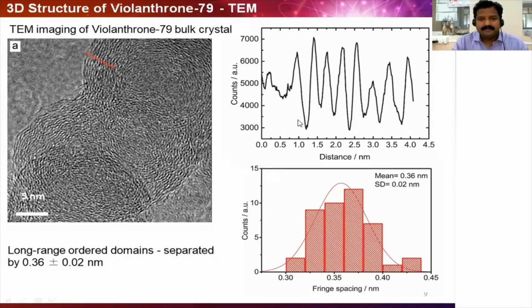This is a cross section, and we see a very periodic arrangement of molecules with long range order, and these domains, which we see as fingers, are separated by around 3.6 angstrom as well.